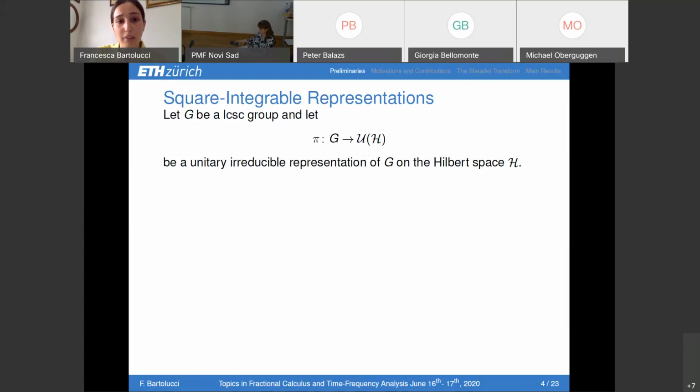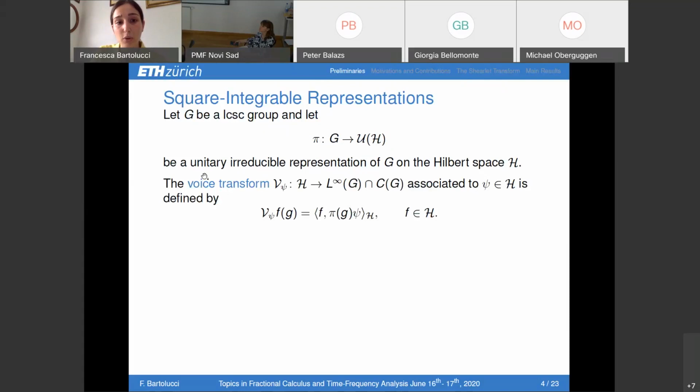Every time we have a unitary representation, we can define the so-called voice transform associated to a fixed function in the Hilbert space H, which is an operator from the Hilbert space H into the space of continuous and bounded functions on the group.